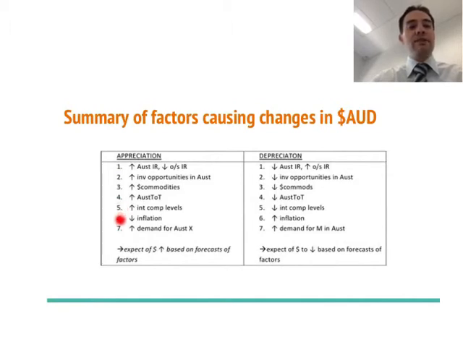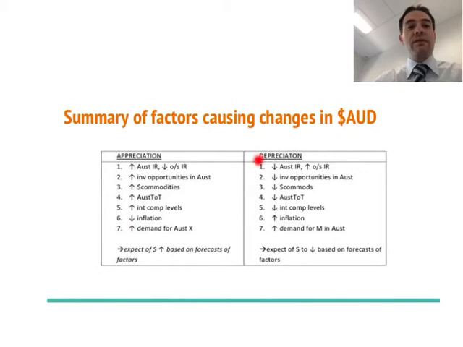A decrease in inflation in Australia, people from overseas see us as a little bit more stable, so they'll invest into Australia. Increased demand for Australian exports. So these will all cause an appreciation.